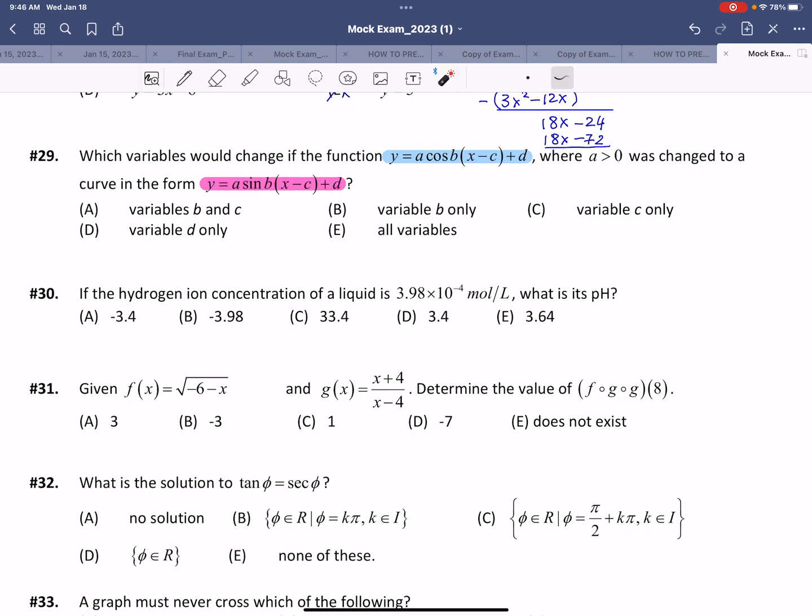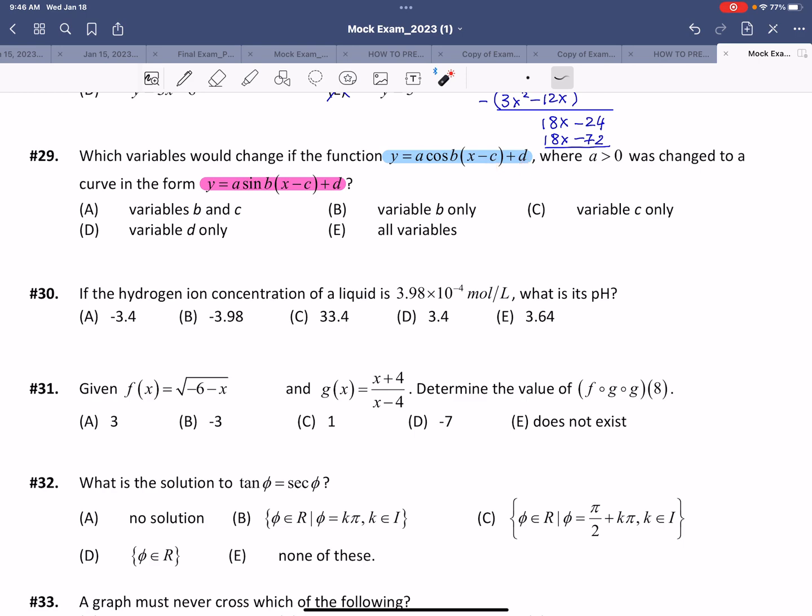So what we do see here is the coefficients a, b, c, and d, which respectively would describe the vertical stretches, horizontal stretches, and when we say stretches, we mean both compressions or expansions, phase shift, and vertical translation.